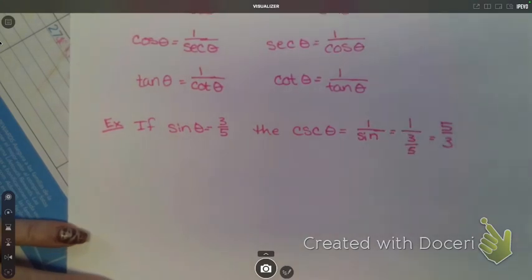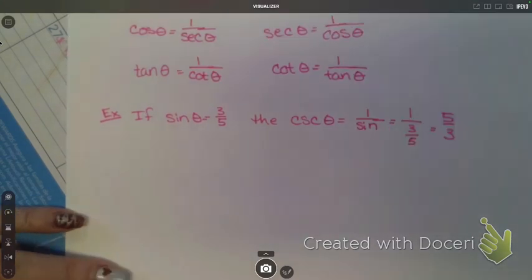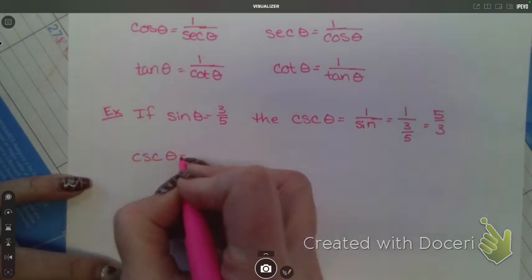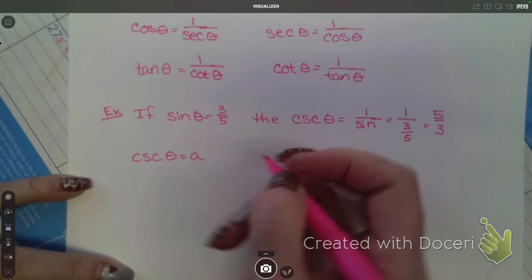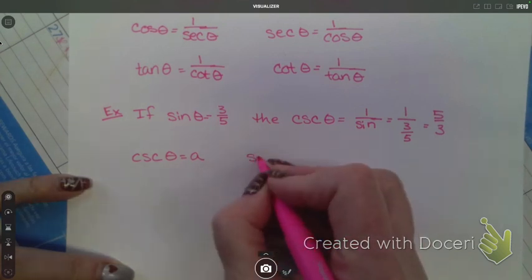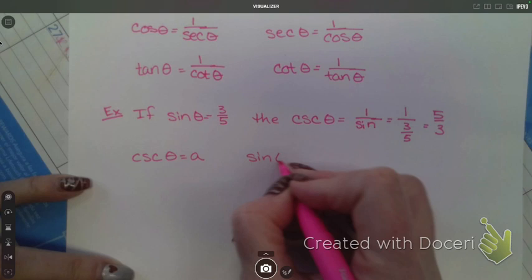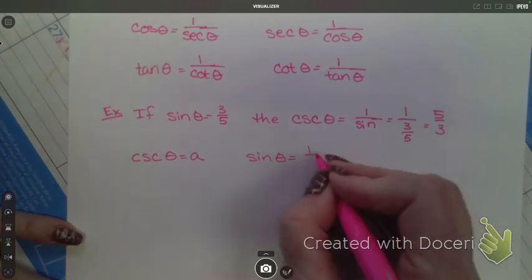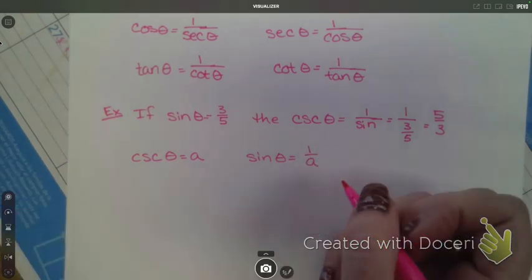Okay. So if I say the cosecant of theta equals A, what is the sine of theta? One over A. Don't overthink it, just reciprocate it. What if I told you it was 1? What's the reciprocal of 1? 1. What's the reciprocal of 0? Undefined.